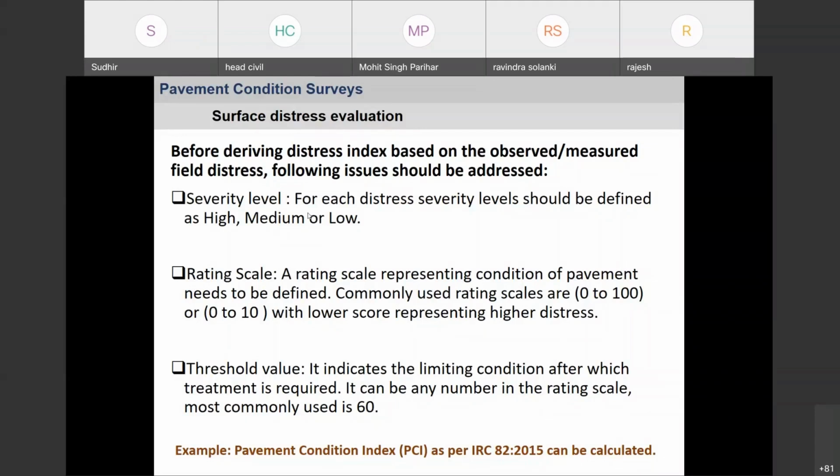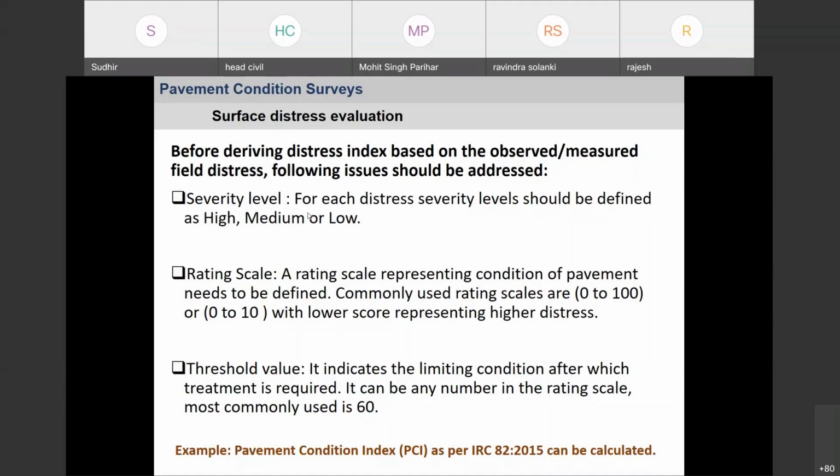Okay. Then, if you remember, in the beginning of the presentation I showed you the distress versus time curve, and I said that at a certain threshold level, the transportation agency has to decide that it needs to intervene and provide some treatment.